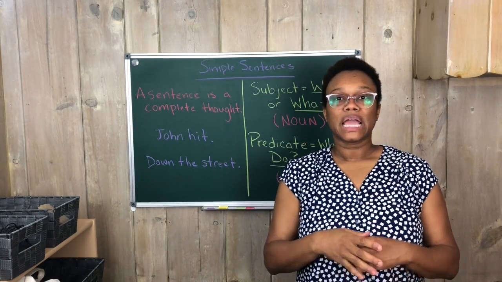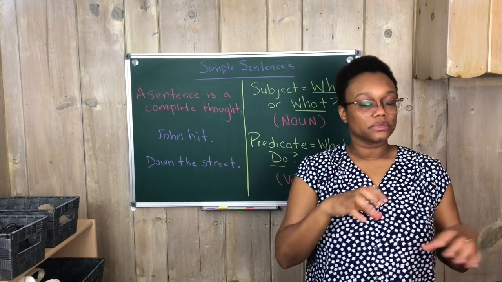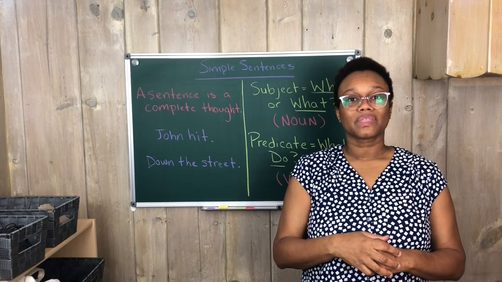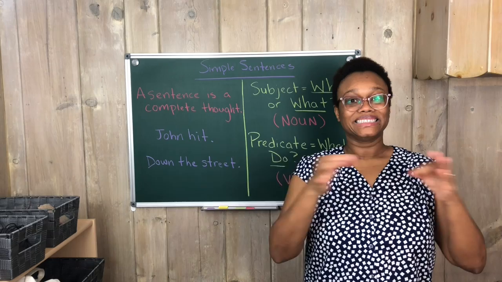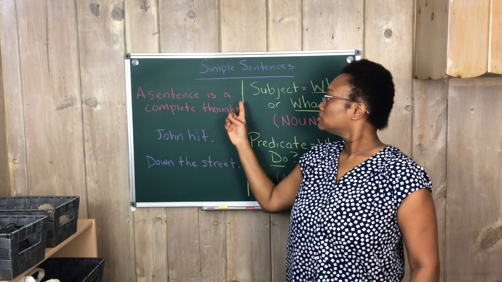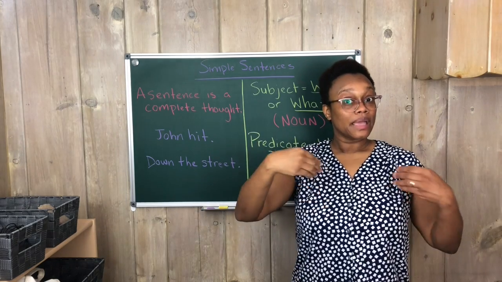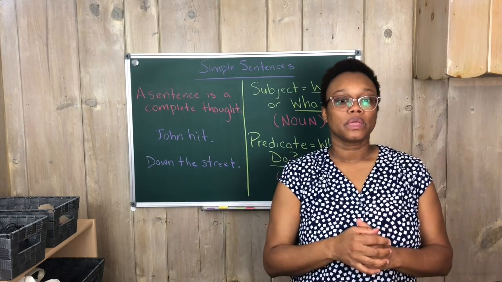Verbs are what? They're action words, either physical or mental actions. And a sentence means a complete thought. It must have both the subject and predicate.